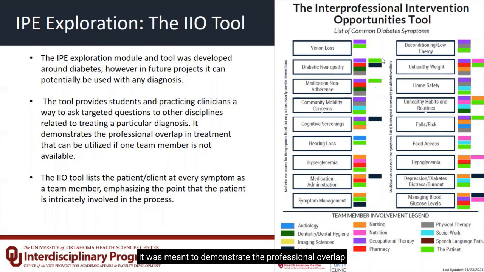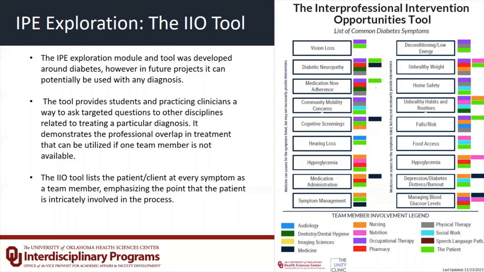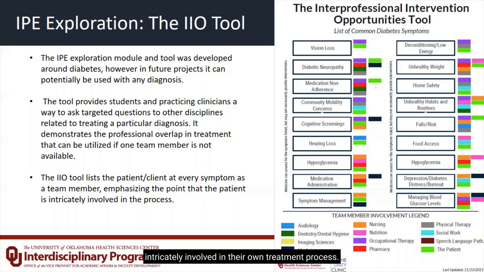It was meant to demonstrate the professional overlap in some treatment, and also how you can utilize other team members if one profession is not available at that time. The IIO tool lists the patient and the client at every symptom as a team member. This was very purposeful, and the point was to emphasize that the patient is intricately involved in their own treatment process.